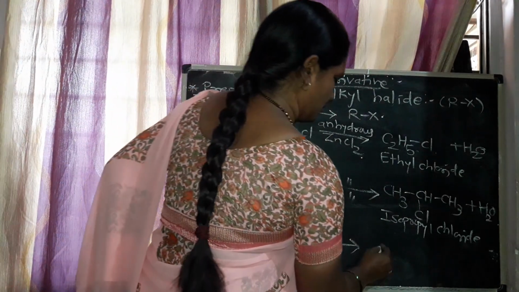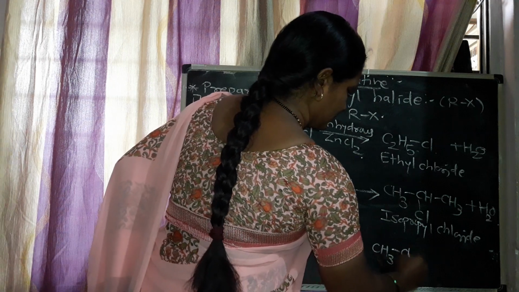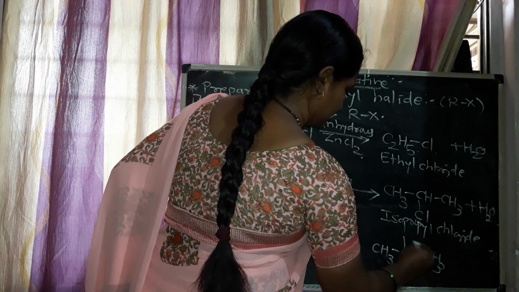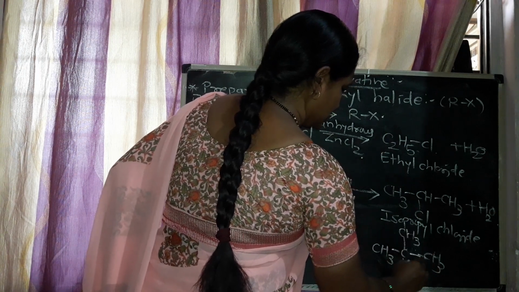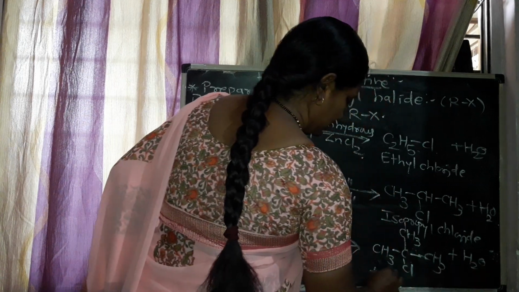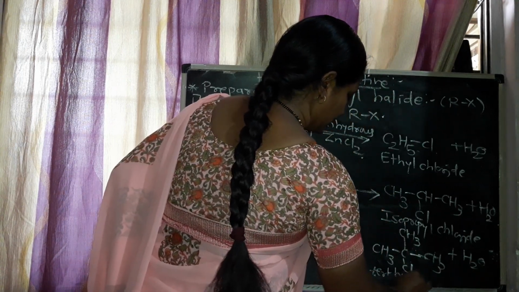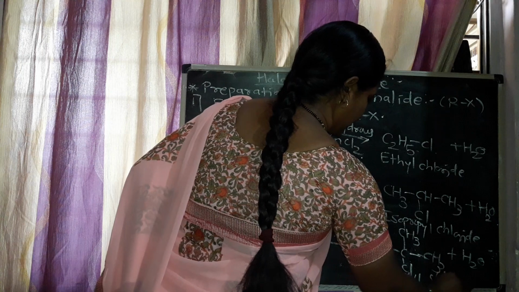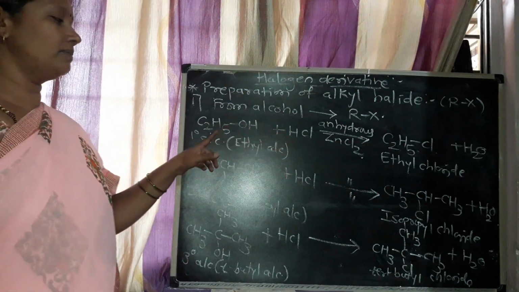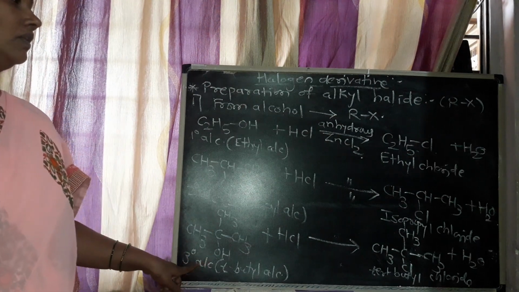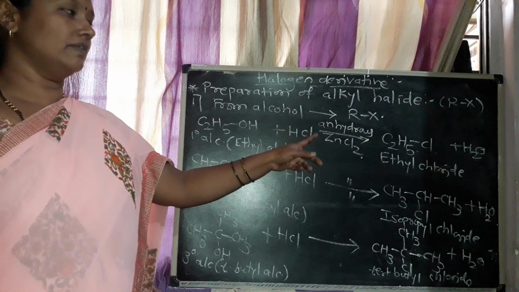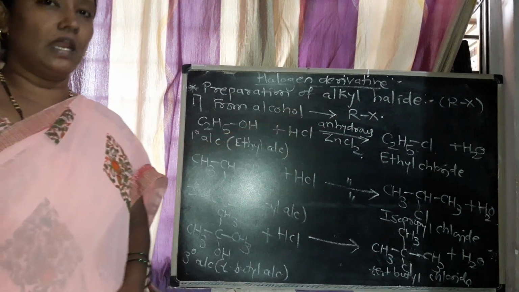Then here is the formation of tertiary butyl chloride. Like this, HCl is reacted with primary, secondary and tertiary alcohol in the presence of anhydrous ZnCl2, and here is the formation of the alkyl halide.